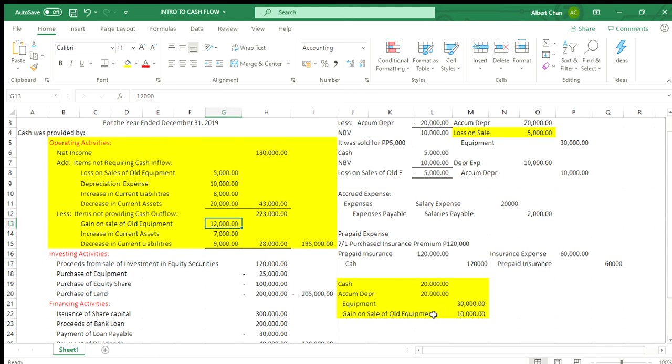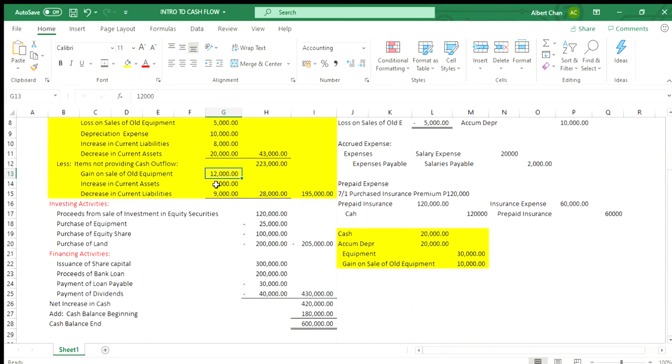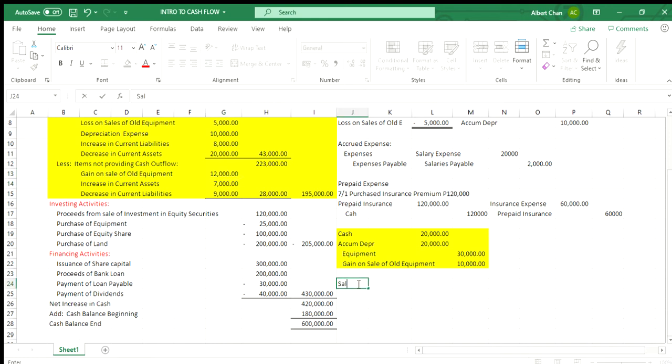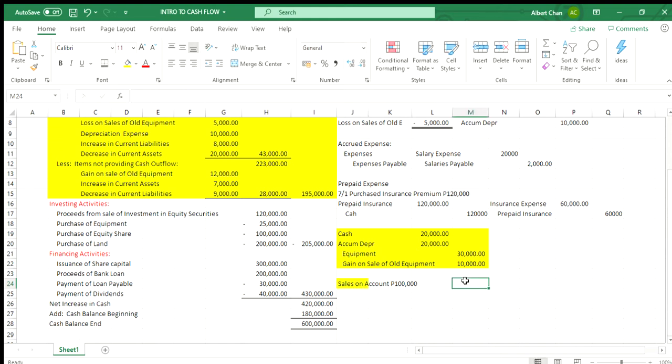Next, we have increase in current assets. Remember, if we have sales on account, let's say of 100,000, what will be your entry?